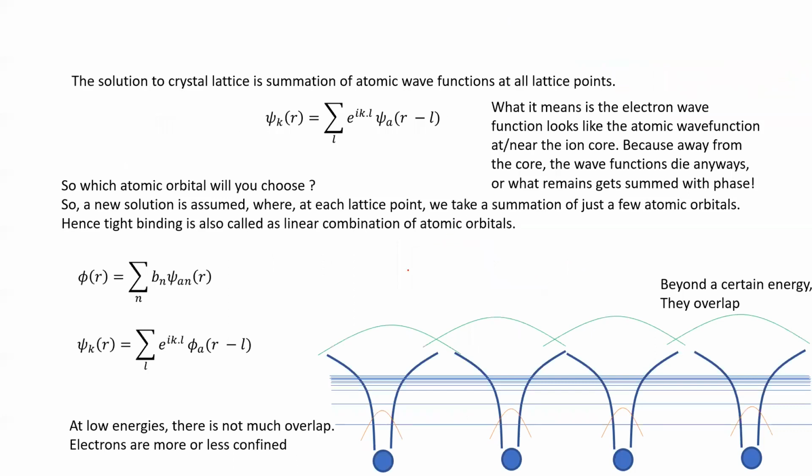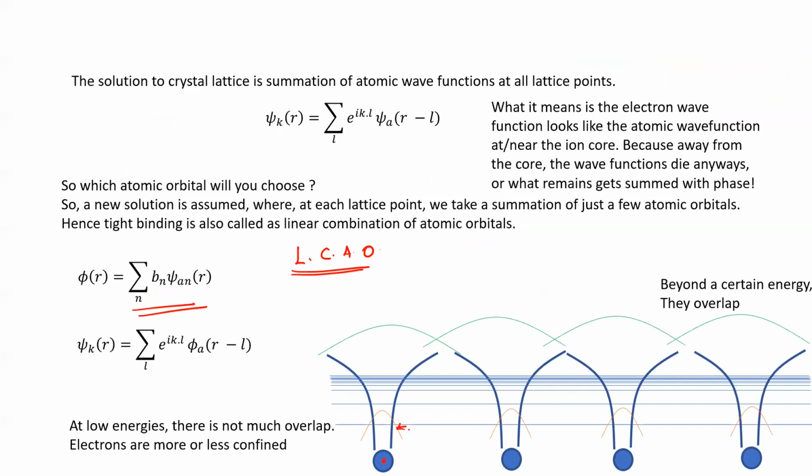The simplest one will be to take a summation of atomic orbitals. This is the crux of the tight binding approximation, or it is called a linear combination of atomic orbitals. So what I do is I take a linear combination of atomic orbitals at each lattice point. Let's take this as one lattice point. It has several atomic orbitals.